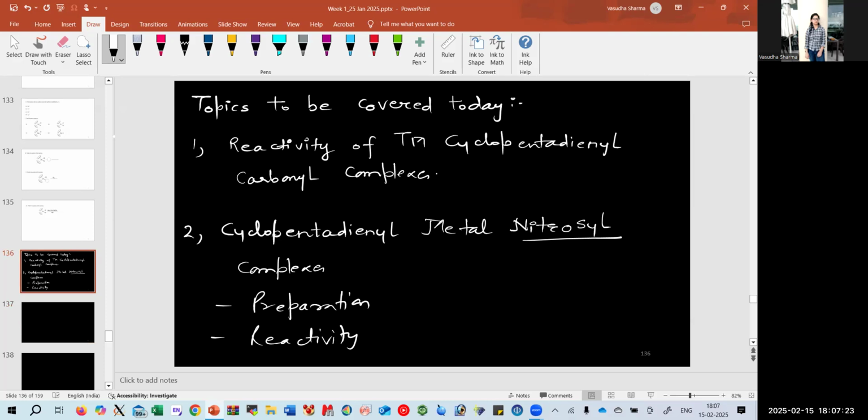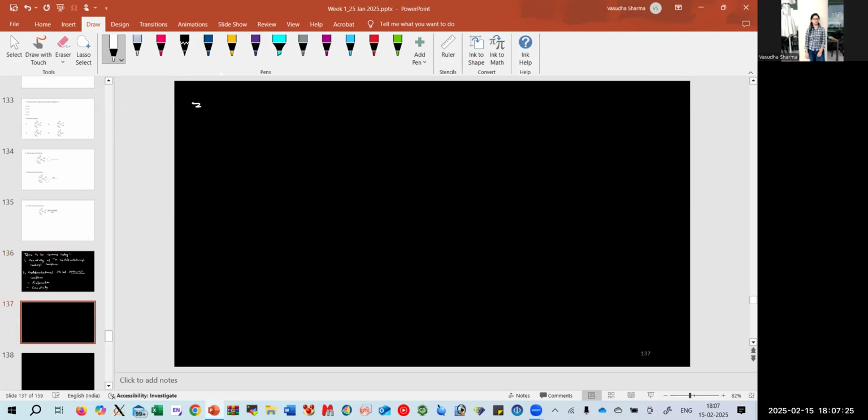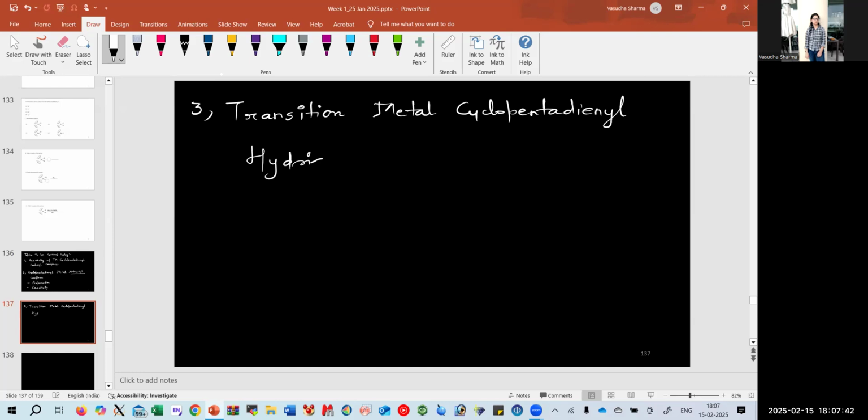Followed by that, the third part that we will be talking about today is transition metal cyclopentadienyl hydride complexes. So earlier we have seen the carbonyl complexes, then nitrosyl complexes, and another ligand is hydride.